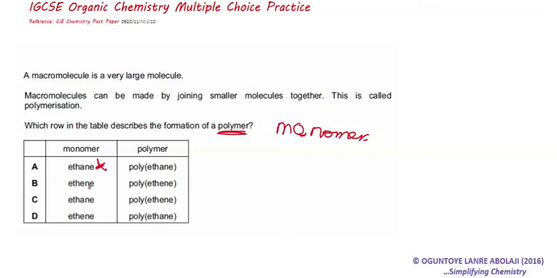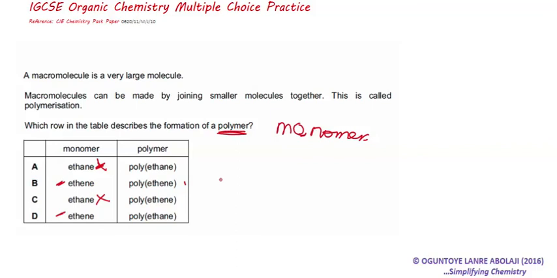Ethene being the monomer and the polymer polyethene, that sounds right. Ethane, as I said earlier, doesn't polymerize. So we have B and D to consider. When ethene polymerizes, that's one of the chemical properties of ethene.